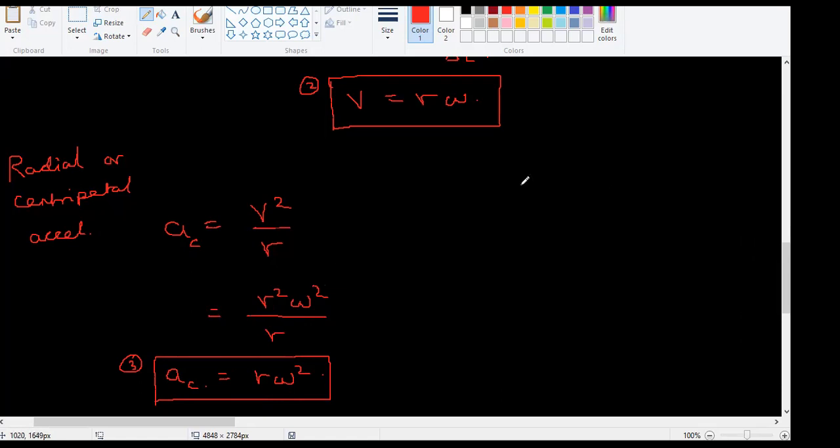One more small derivation: angular velocity omega is nothing but 2 pi by T. Why? Because 2 pi is the angle in radians, and T is the time taken for one full circle. So omega is 2 pi by T, whether you call it rotation or revolution.